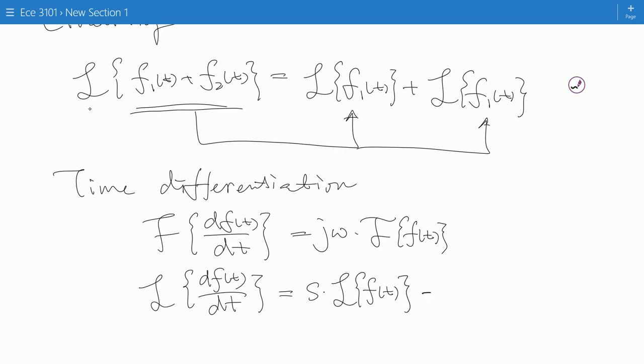But because the starting point of observation for Laplace transform is time 0, we have to take that into account by adding this additional term at the end of this equation. This is pretty important, very important in our subsequent analysis. So I put it here, and later on we'll use it again over and over.